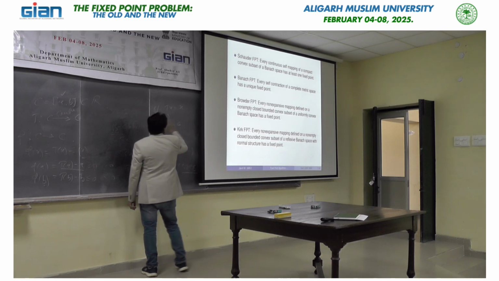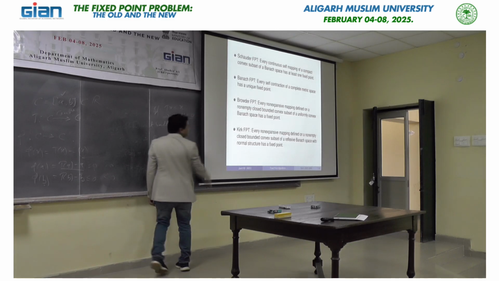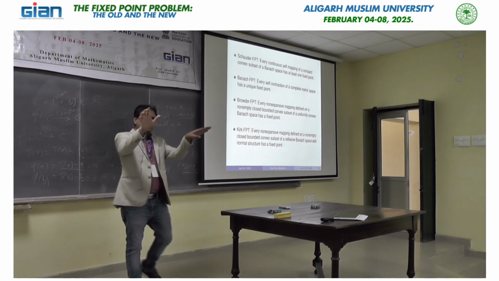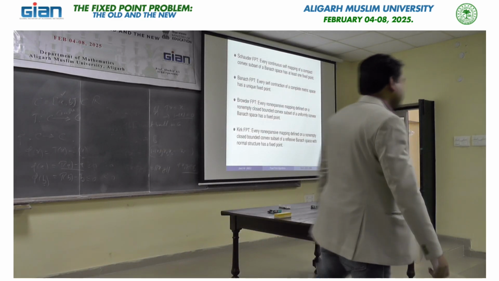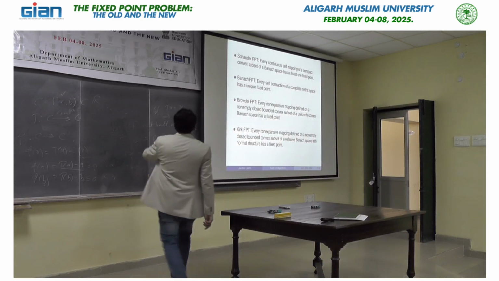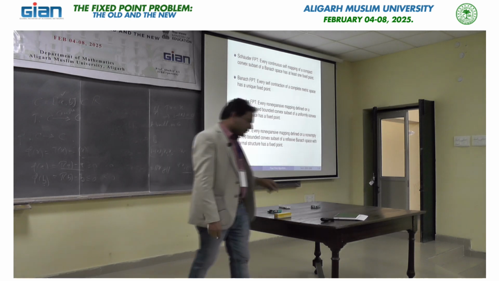Then we get a contradiction: comparing the coordinates from both sides, we get 1 minus |x₁| equals 0, which is a contradiction. So anyway, this is a similar example.